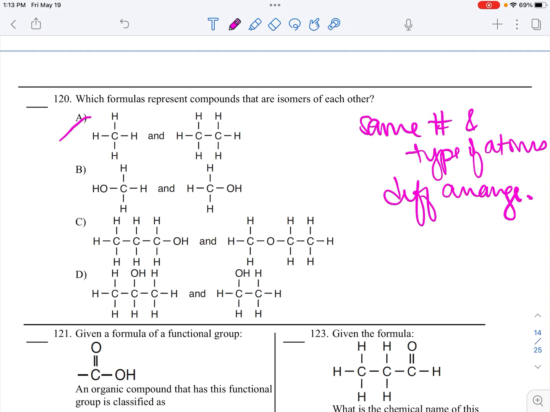It's got an OH group off of one of the bonds. That's not it. We've got 1, 2, 3 carbons, 1, 2, 3 carbons, 1, 2, 3, 4, 5, 6, 7, 8, 1, 2, 3, 4, 5, 6, 7, 8, and it's got to be C. What makes D wrong? Number of carbons. So yeah, the same type and number, just different arrangement.